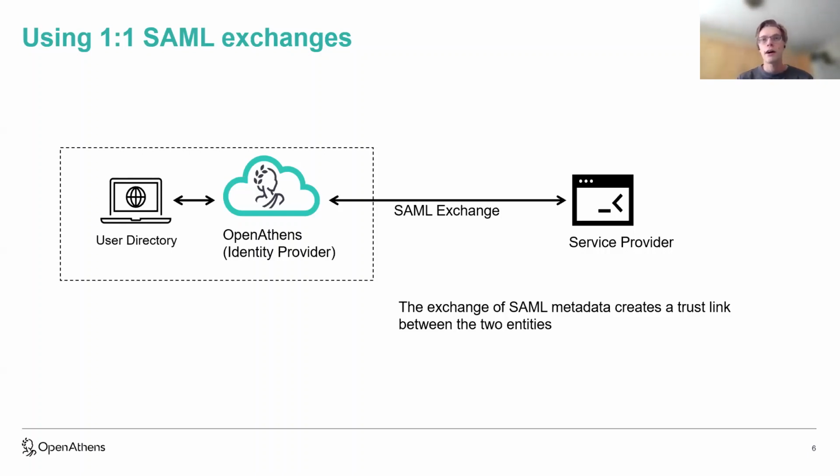The connection is set up by exchanging a metadata file, which enables the SAML connection. That just includes the information that either provider needs to connect to the other, like an endpoint and the attributes that you might be passing. That trust link is your connection between those two services.